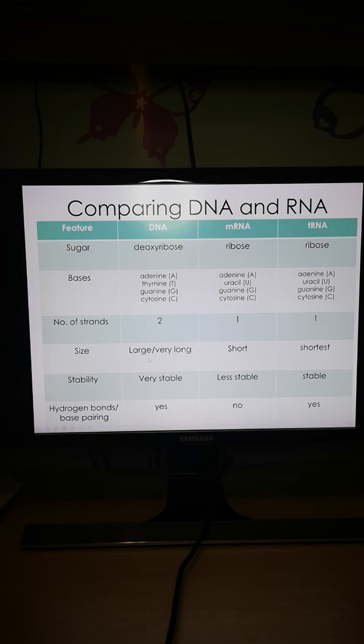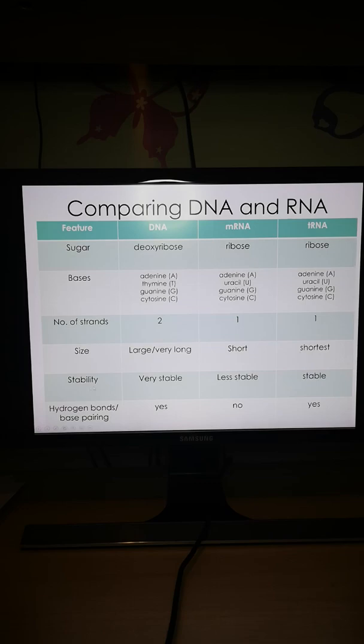Size, very much the largest, longest, because it contains many base sequences for many genes, is DNA. Short in comparison to DNA is the mRNA, because it only contains the base sequence for one gene. Yeah, so the base sequence for one polypeptide or one functional RNA. But by far the shortest are the tRNAs.